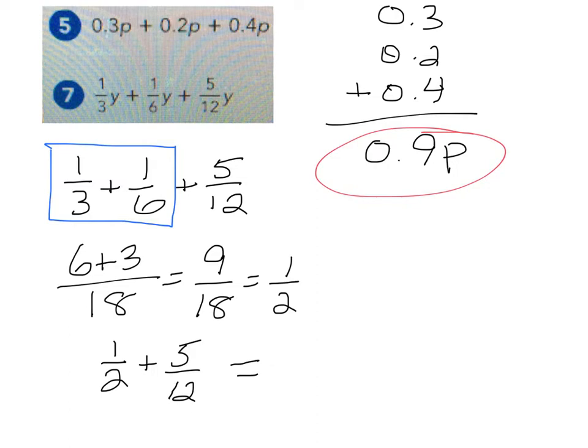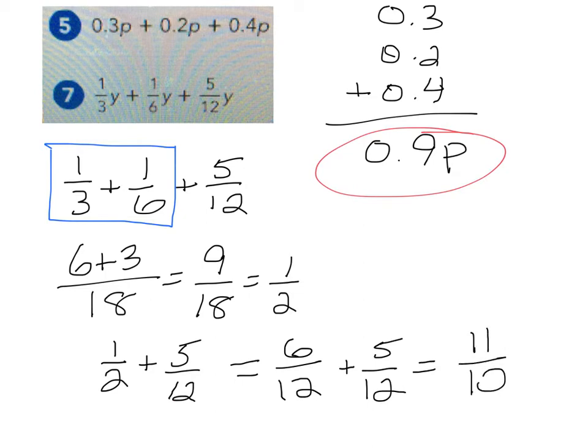I know 1/2 can be rewritten as 6/12, because 6 is half of 12, plus 5/12, which would equal 11/12, and then we bring our letter y down. Remember, you could put it on the side or the top, but never put it in the bottom.